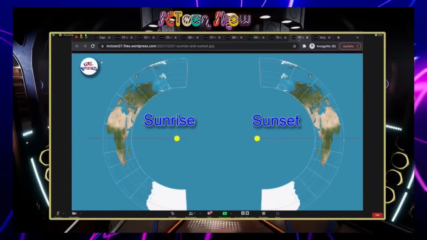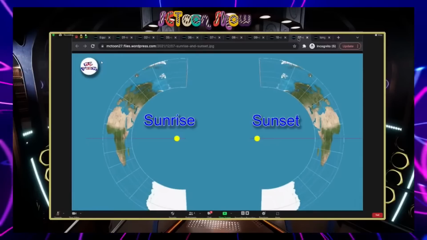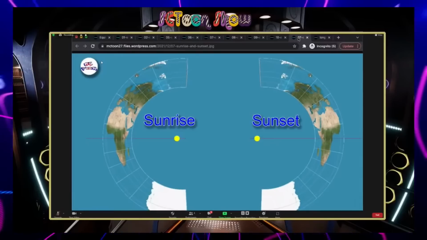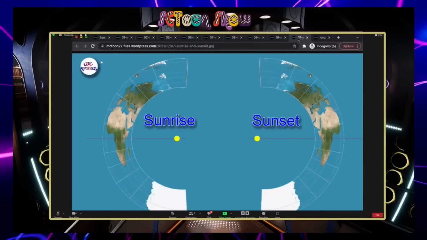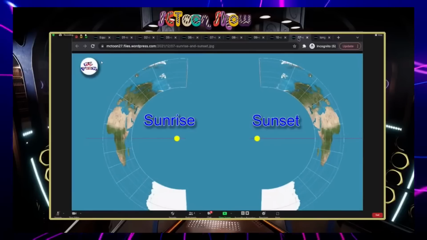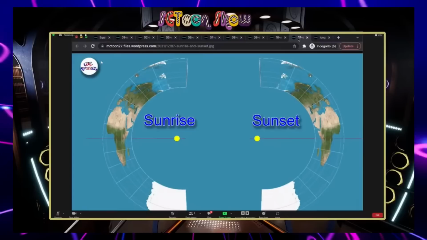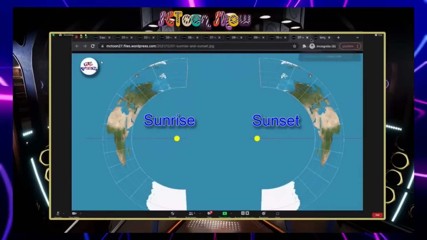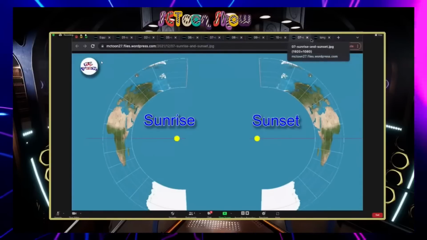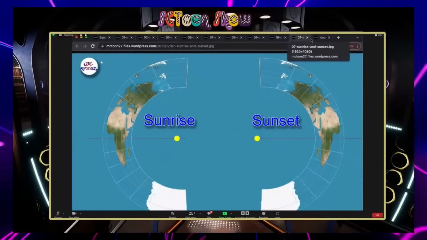Which also requires somehow for the Earth to undulate underneath everybody without them noticing many thousands of miles from sunrise to sunset. But I'm sure that's not a problem at all. But that is the only map that works for that one particular thing.